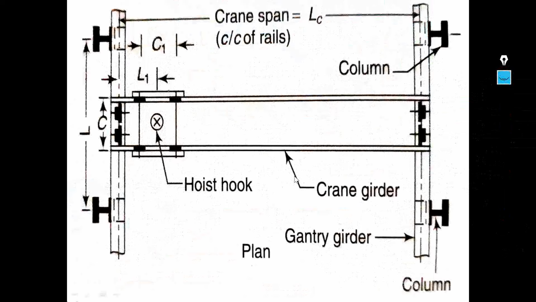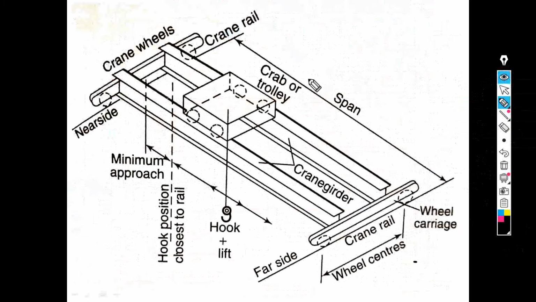Let us go to the next diagram. This is the 3D diagram. If you have become comfortable with the first two diagrams, then you will find no difficulty getting comfortable with this 3D diagram. This is the trolley which has the hook. These are the wheels of the trolley. It is moving through the crane girder. This is the crane girder.